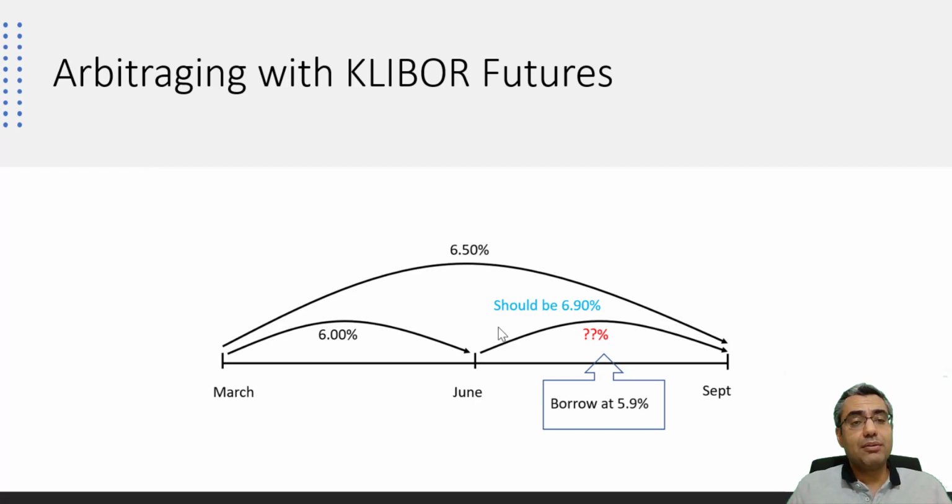So now let's have a look at this example. We want to identify any mispricing. So the first step is to estimate the fair value of the futures contract, KLIBOR futures.